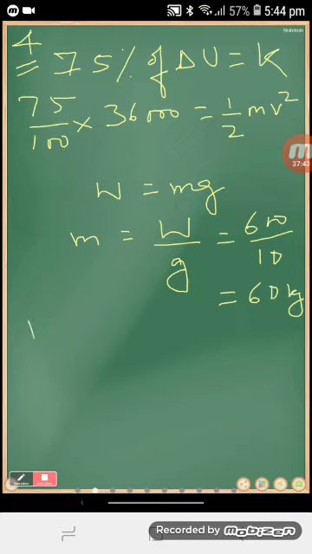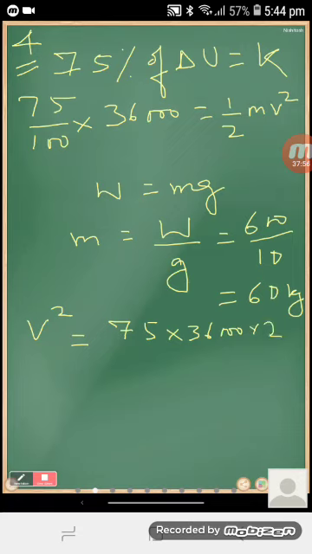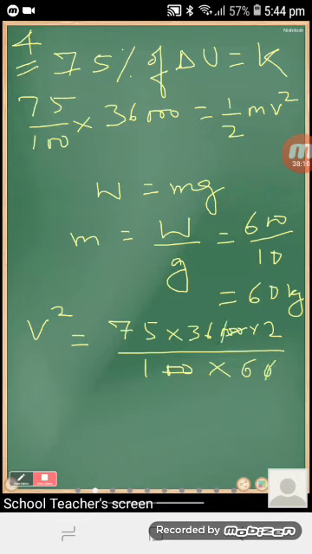Now we put these values. V square is equal to 75 into 36,000 into 2 upon 100 into m. M is 60. So this will cancel from here. This will cancel from here.